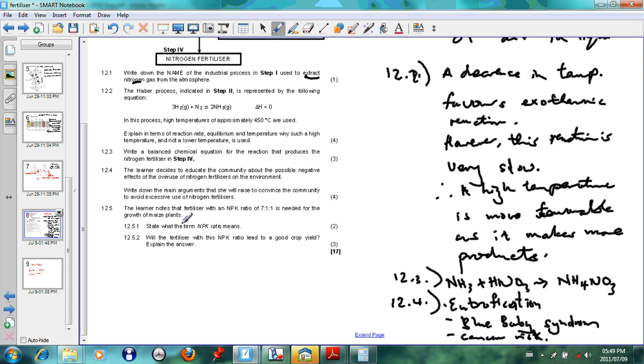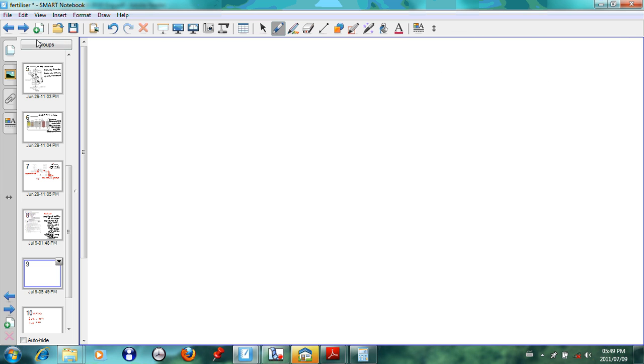12.5. The learner notes that fertilizer with an NPK ratio of 7:1:1 is needed for the growth of a maize plant. We've discussed this question before, so I just wanted to mention an additional aspect. Sometimes they will tell us the NPK ratio is 7:1:1, and they put something in brackets, 30, and they say calculate the percentage of nitrogen, phosphorus, and potassium in this fertilizer.